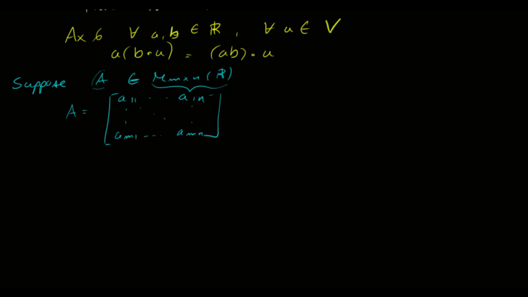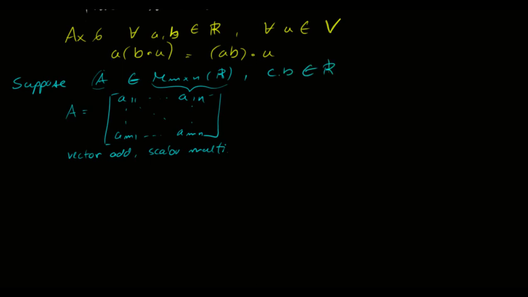So that's what it means for A to belong to m by n, and then it has the two properties of vector addition and scalar multiplication that we just saw. Okay, so suppose A belongs to m by n, and c and b are scalars.